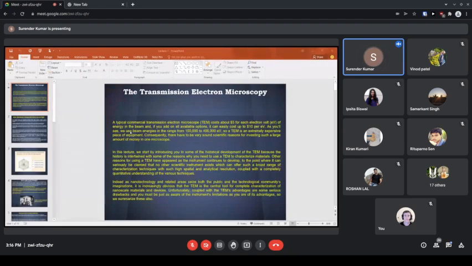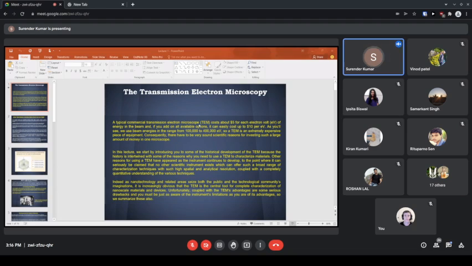So if we add on all the available options, because it's not only that you need to accelerate electrons, but you have an optical system, electromagnetic lenses, and then a detection system, roughly it will cost around $10 per electron volt.